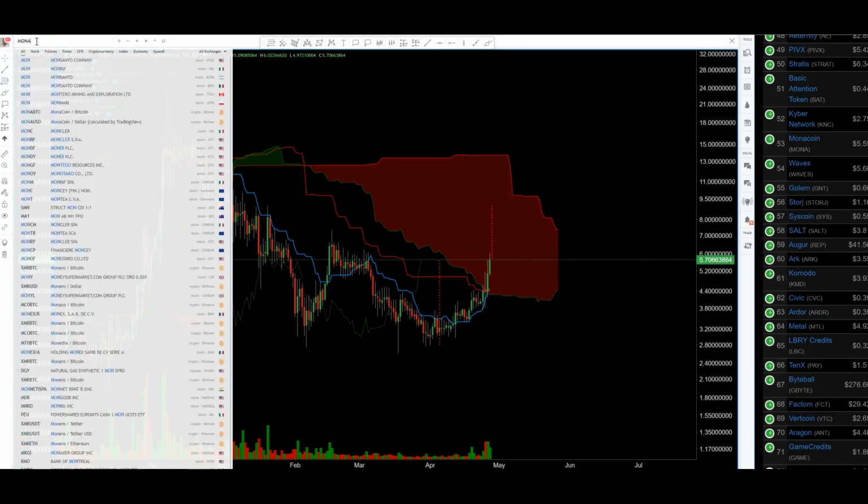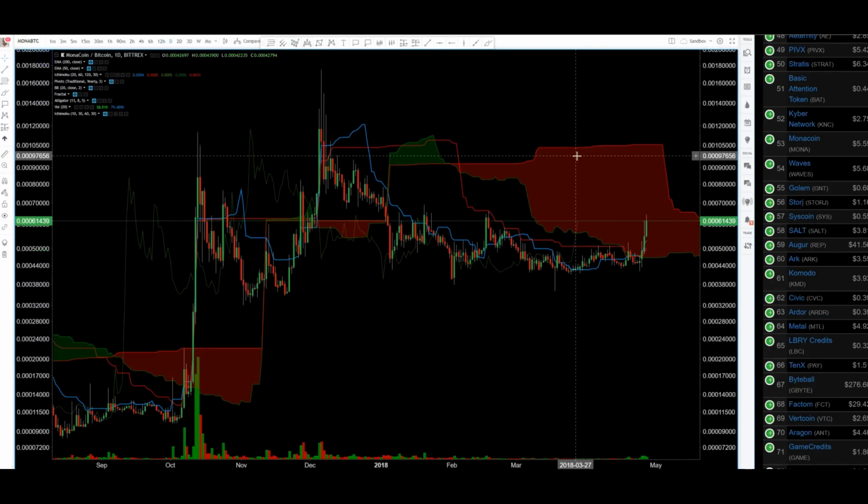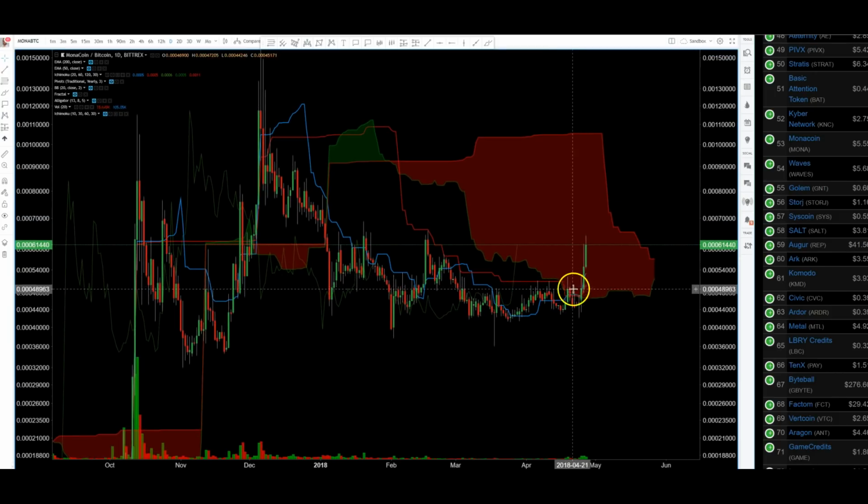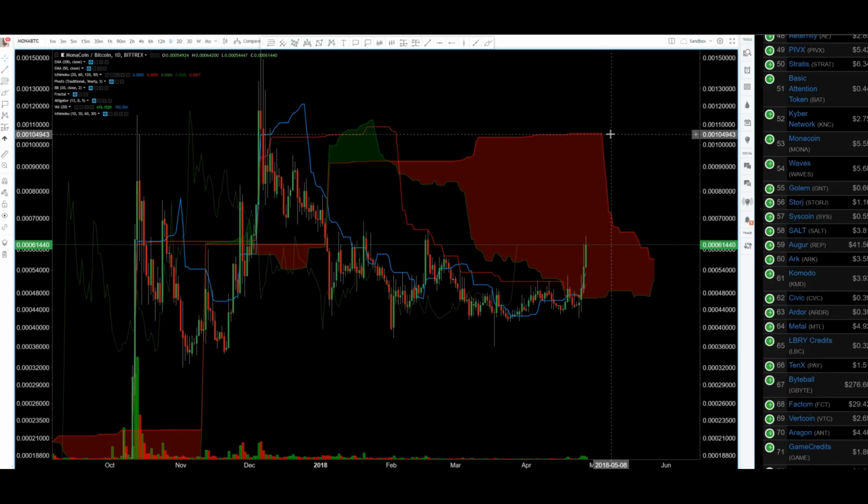Mona BTC, again similar to SIA, didn't really do much and looked like it was rejected, and then it enters the cloud. We're looking at less than a 2x from here, but the target's like 10.5K sats for Mona.